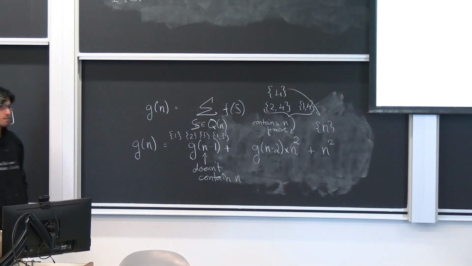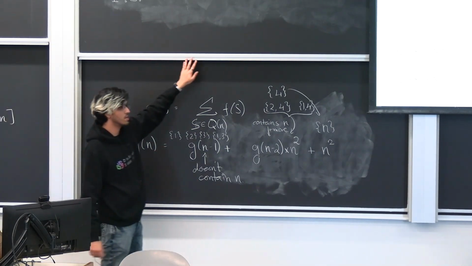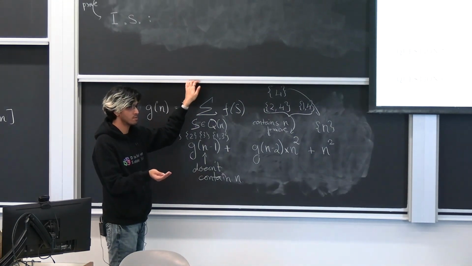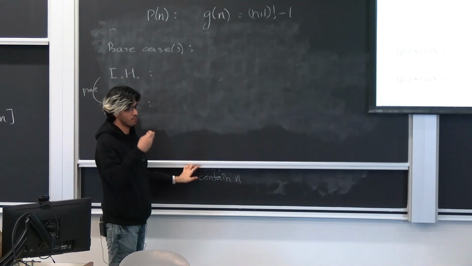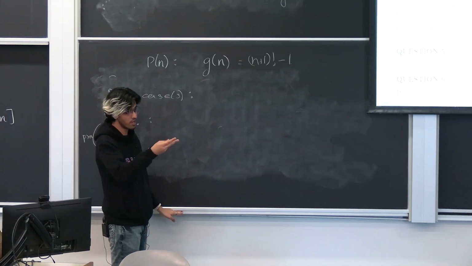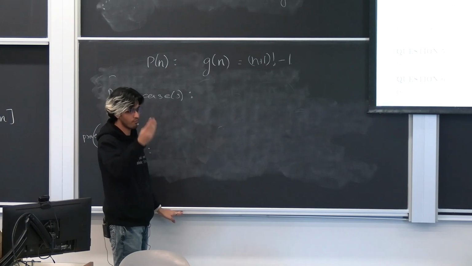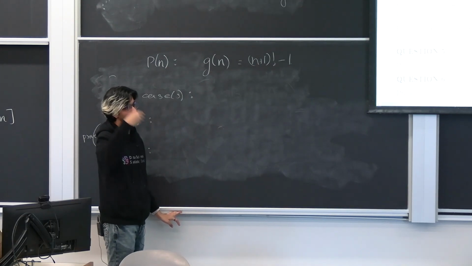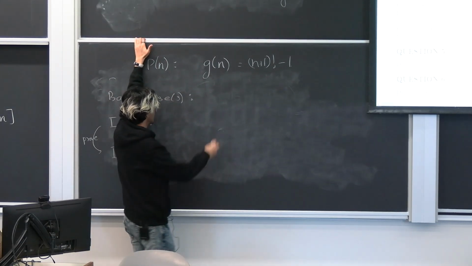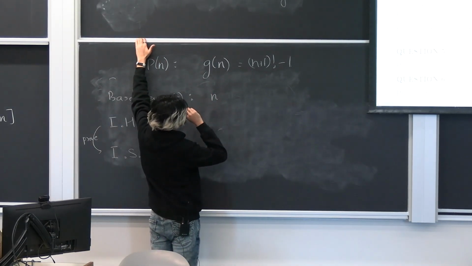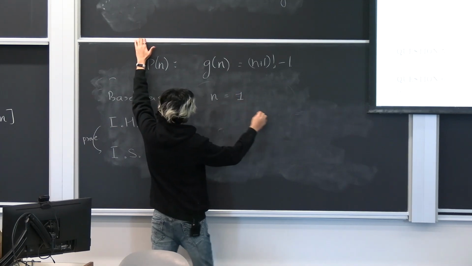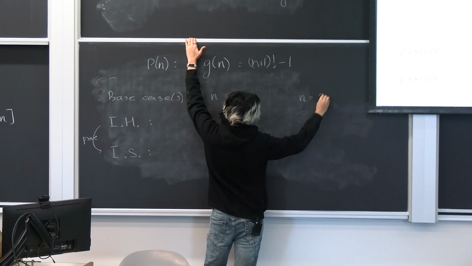Yeah, it depends on two values, right? That means you would need to show it for n equals 1 and 2 to be able to show it for 3. Once you show it for 1 and 2, you can use 1 and 2 to show it for 3, and then you can use 2 and 3 to show it for 4, and you can use 3 and 4 to show it for n equals 5, and so on and so forth. So your base cases would be n equals 1, n equals 2.